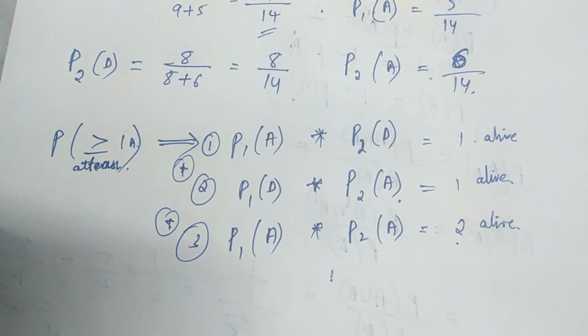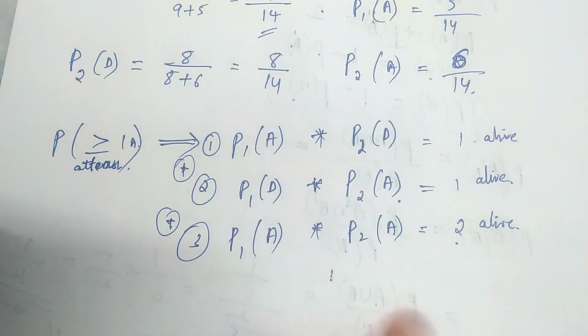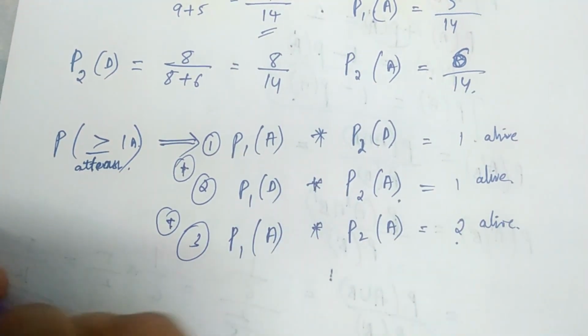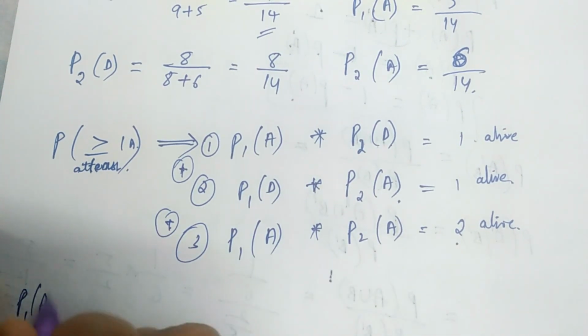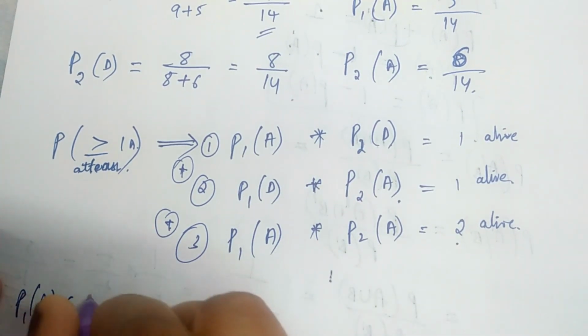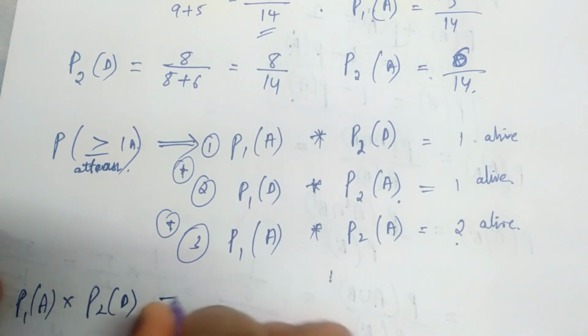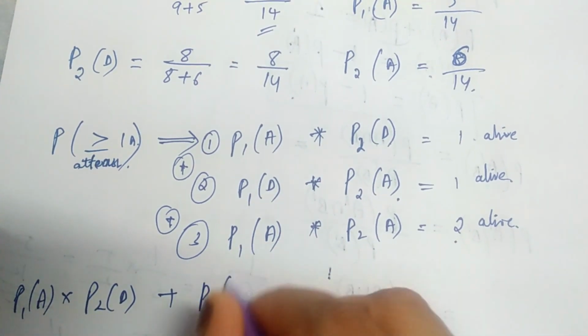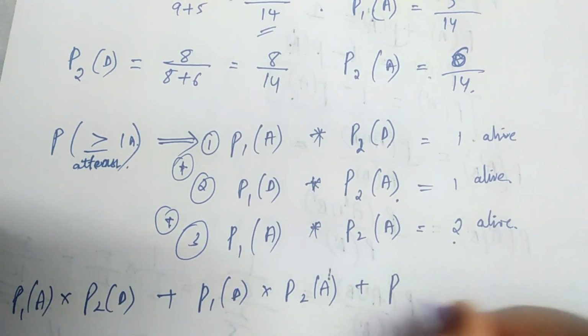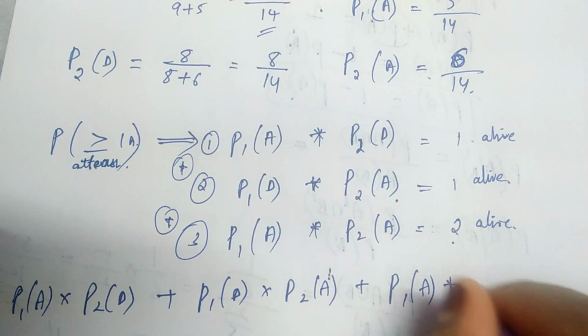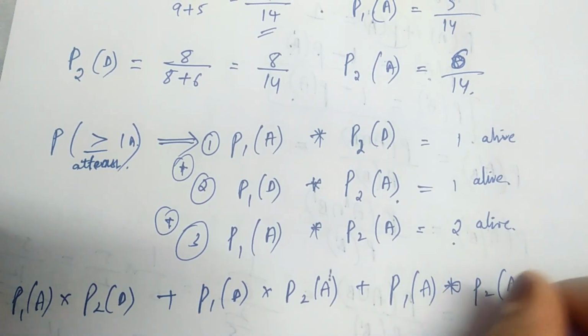Now let us directly frame all these things into a formula, simply in one line. The probability is: person 1 alive times person 2 dead, plus the first person dead and the second person alive, plus the first person alive times the second person alive.